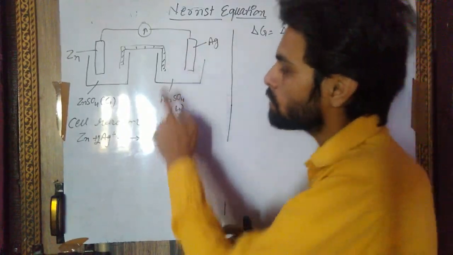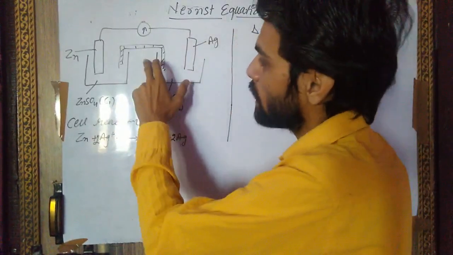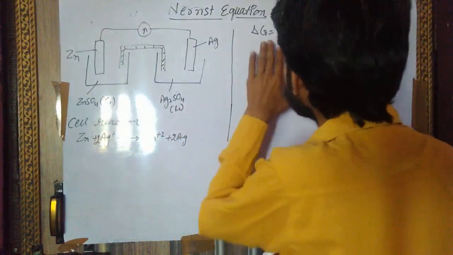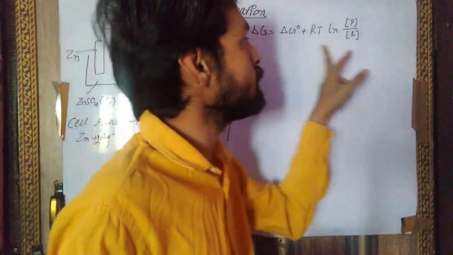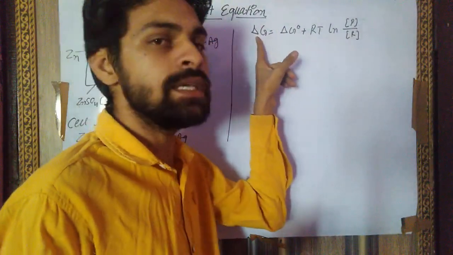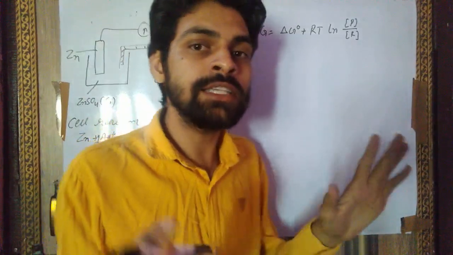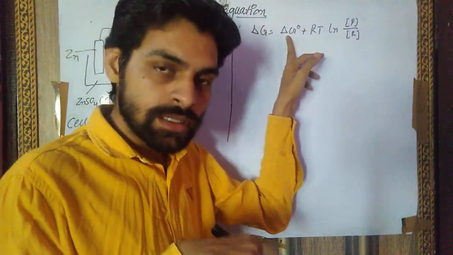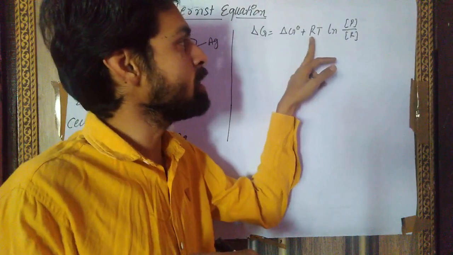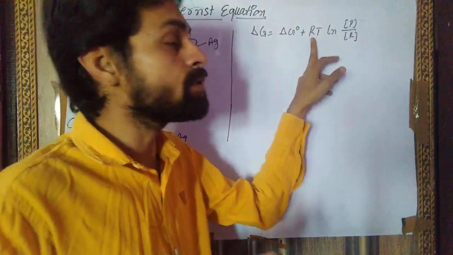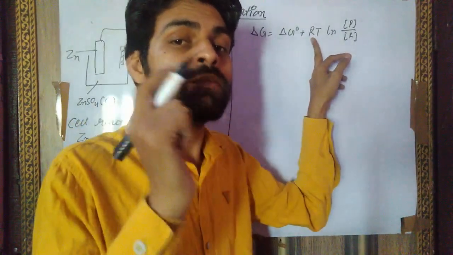Okay, so here I am writing the reaction, the cell representation and then the cell reaction. So students, in class 11th you have studied this in thermodynamics. Gibbs free energy, this delta G is not in standard condition. It is equal to the Gibbs free energy in standard condition plus RT, where R is a constant, already you know, and its value is 8.314 joule per mole per Kelvin.